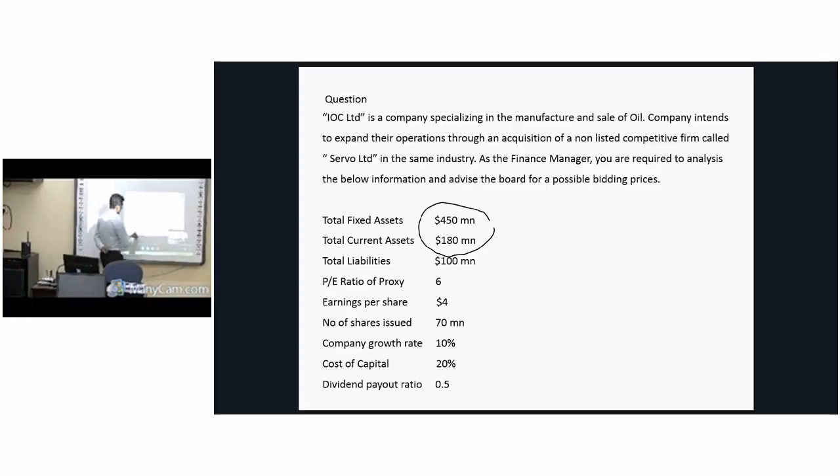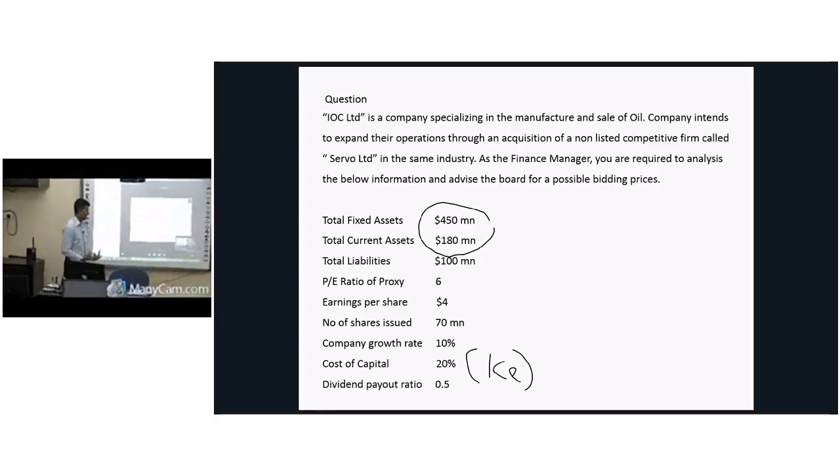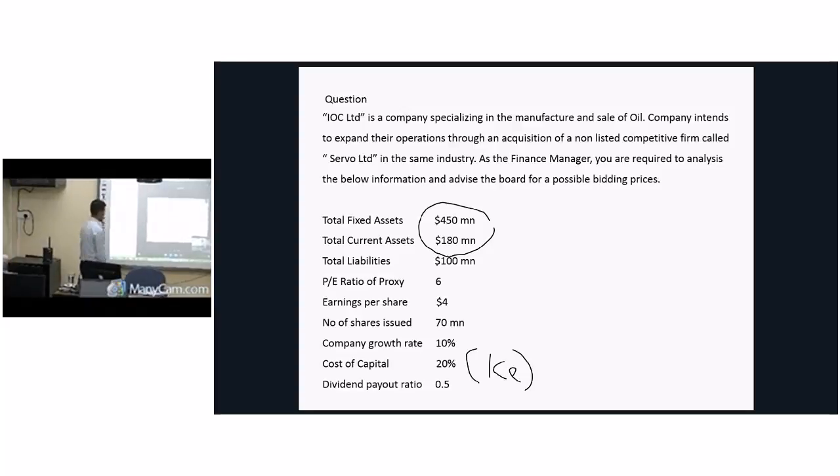So we will take Ke as the cost of capital, because the only figure that we have in the available information is 20%. So we take that as the Ke of the firm. Let's calculate the value of the firm by using the dividend growth model.